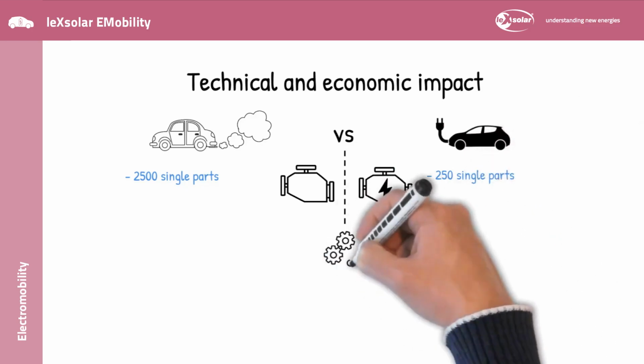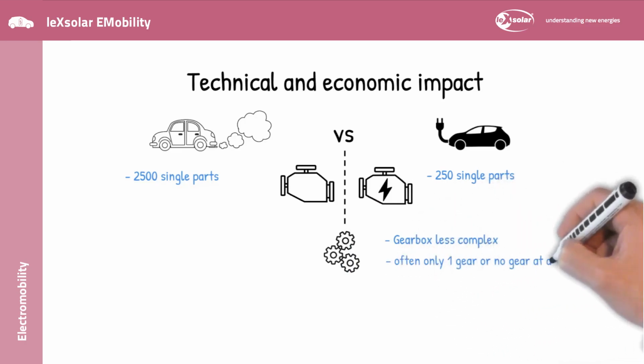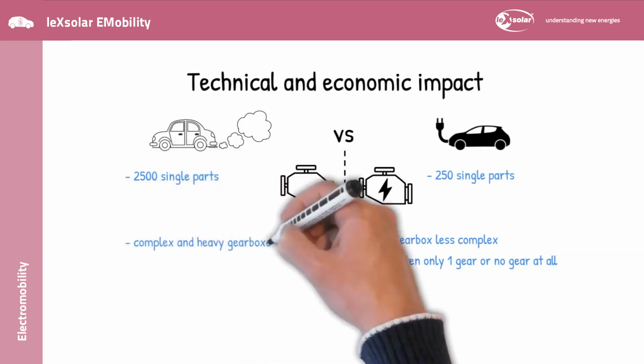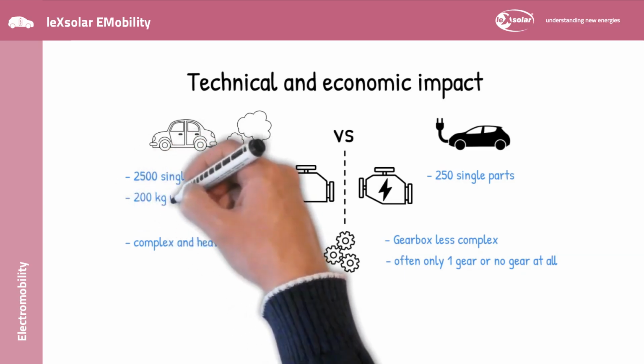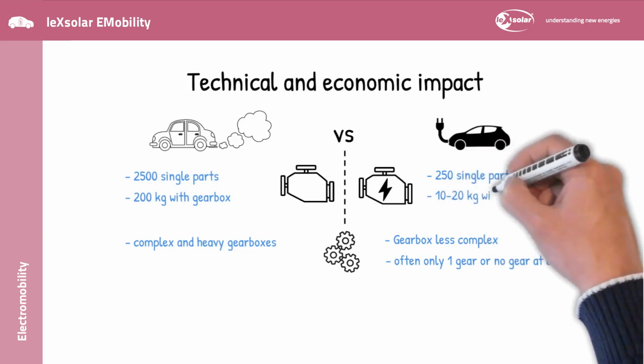In addition, the gearboxes are much simpler if they are necessary at all. The weight differences in energy storage are also partially compensated by the lack of or a smaller gearbox. In addition, the electric motor is significantly lighter, while an internal combustion engine with gearbox can quickly weigh 200 kg. Modern electric motors with the same power can be built with 10 to 20 kg.